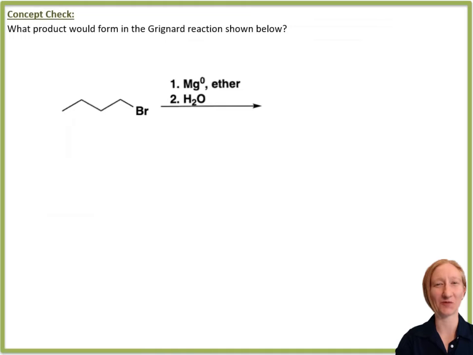Let's try an example. Predict the products that would result from the Grignard reaction shown. Here we have two steps. In the first step, the alkyl bromide reacts with magnesium metal in ether. The carbon-bromine bond will break, and both groups will add to the magnesium. And this forms the Grignard reagent.